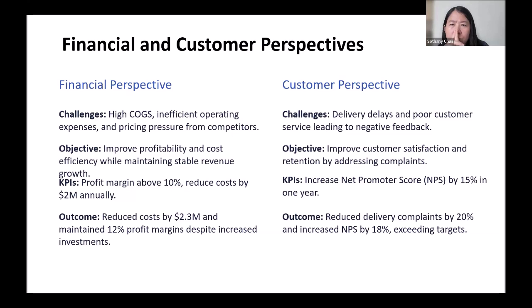Why is 10% important? Because it signals that the company is efficiently managing its cost and revenue streams, and additionally, reducing unnecessary cost by $2 million annually is important to cost efficiency. And the outcome is we reduced cost by $2 million and maintained a 12% profit margin despite increased investment.